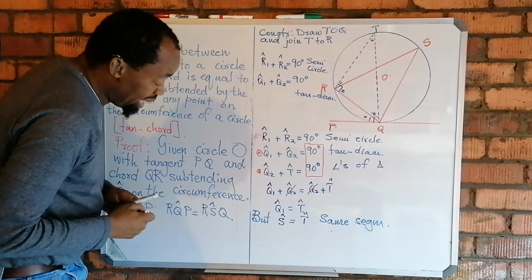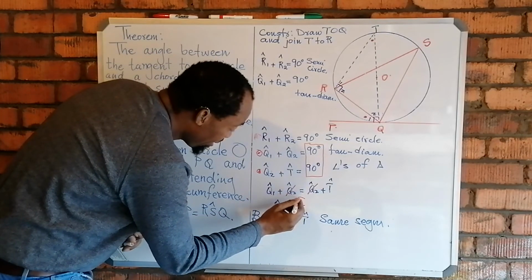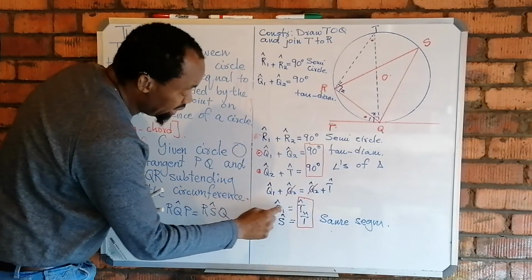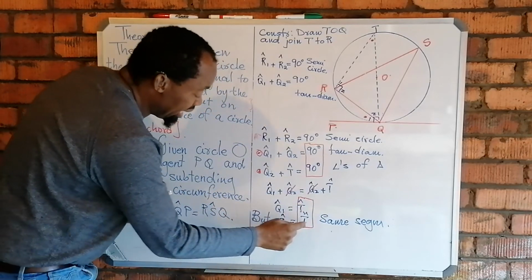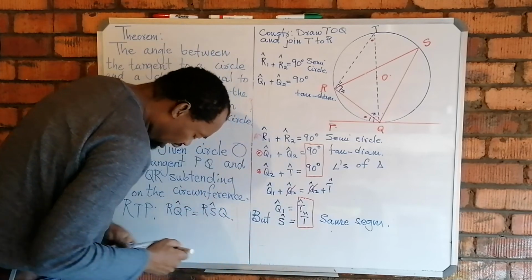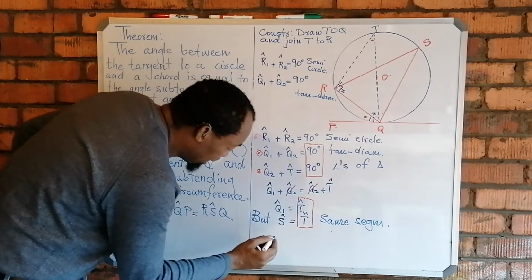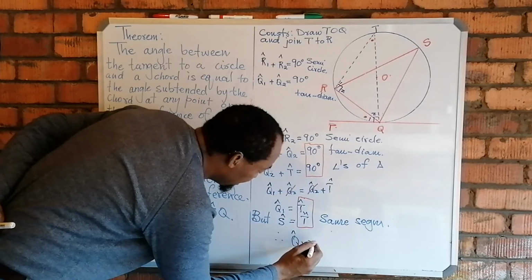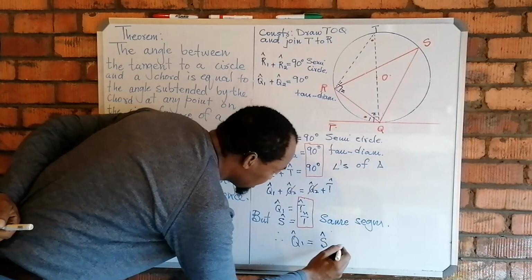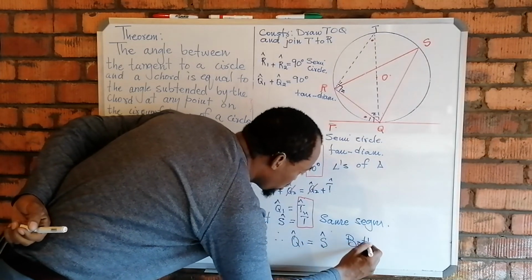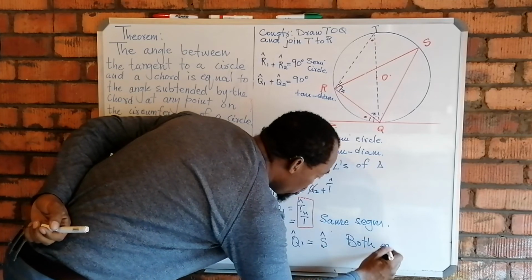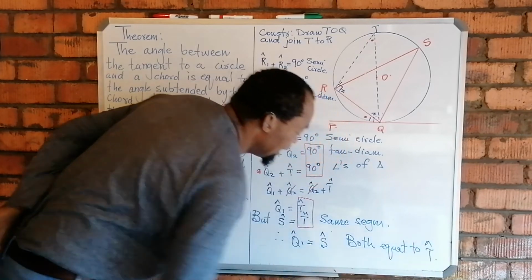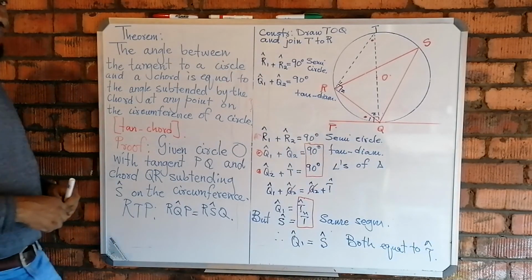Now, look at this. There's angle T and angle T there. Angle Q1 is equal to angle T. Angle S is equal to angle T. I can now conclude and say, therefore, angle Q1 is equal to angle S, because both of them are equal to angle T. Now, what did we prove here, folks?